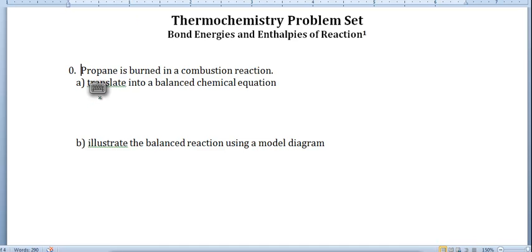Propane is C3H8, and we know that if it's combustion, it's going to be reacting with molecular oxygen to form carbon dioxide and water. Okay, now you need to balance this, and this one is pretty easy, and I think we did this in class not too long ago.